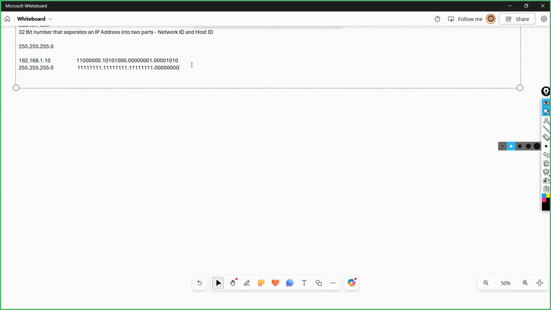Looking at the subnet mask, I told you that if all bits are one, that represents the network part, and zeros or a combination of 0 and 1 represent the host part. So can anyone tell me what will be the network bits and what will be the host bits for this IP address 192.168.1.10? Please put it in the chat box.